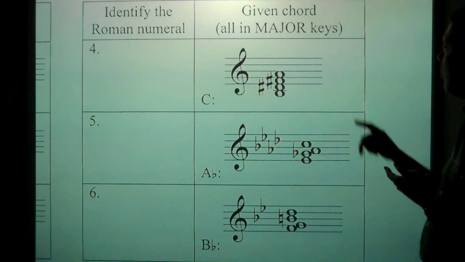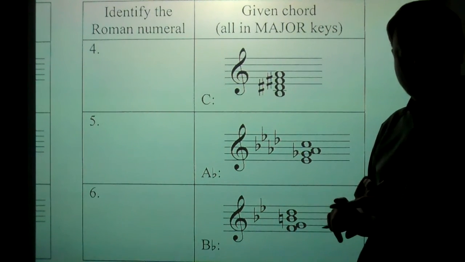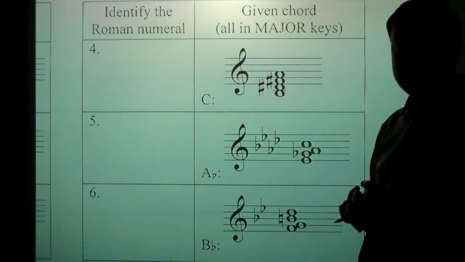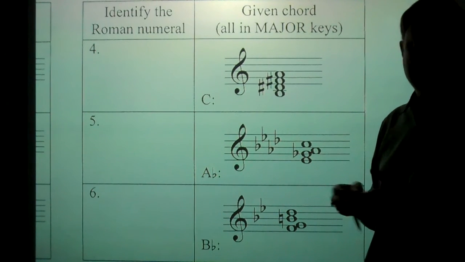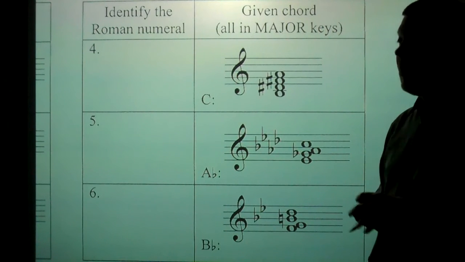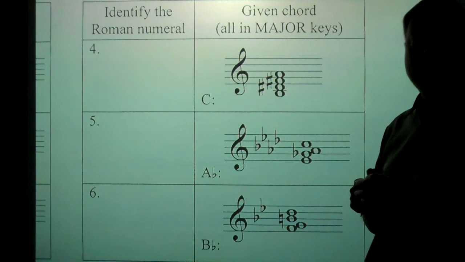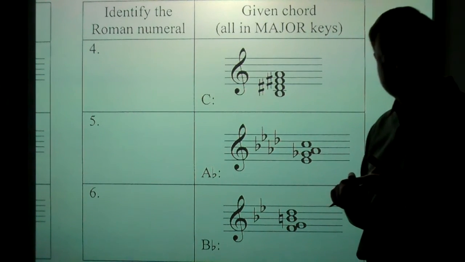First of all, the chord that you're looking at must be a major triad or a major minor 7th chord. If it is not a major triad or a major minor 7th chord, it can't be a capital V of anything or a capital V7 of anything, because Vs and V7s are always major triads or major minor 7th chords respectively. That's the first step.